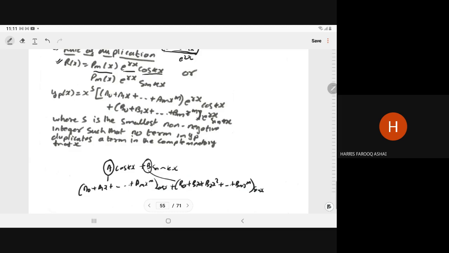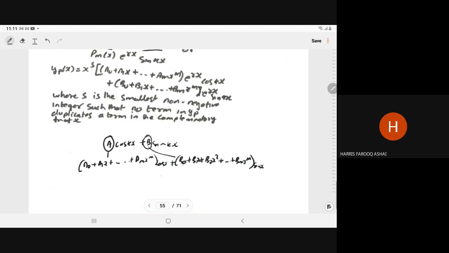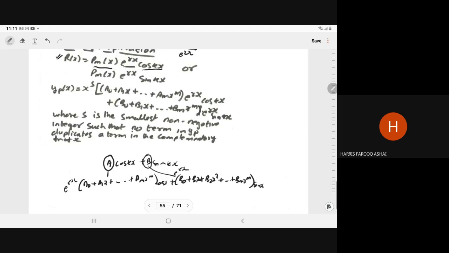Now, due to the multiple of the exponential function, on both sides we multiply with the exponential e to the power rx. So that is the yp for P_m(x) e to the power rx and sin kx.